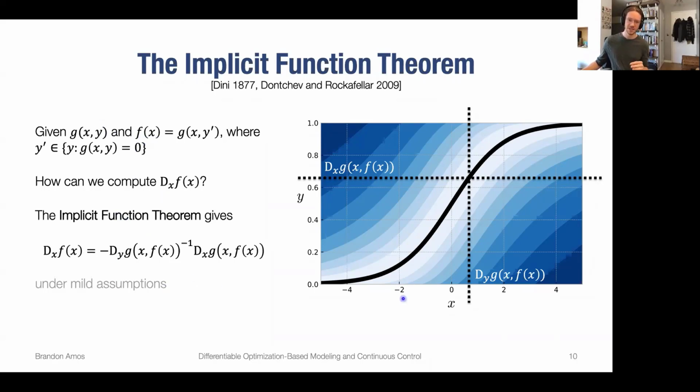I won't talk about this in too much detail, but if you think about what this is doing, you can imagine that it has a good way of combining the derivatives of this g function along both directions that you have access to. And this works under very mild assumptions. In most of the convex optimization cases, it almost always works.